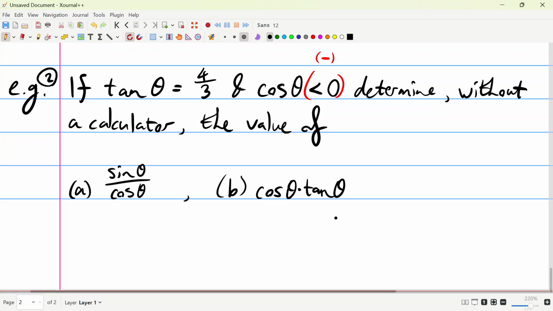If cos is negative, then determine without a calculator the value of sine theta, which is number A, sine theta over cos theta, and B, cos theta times tan theta.